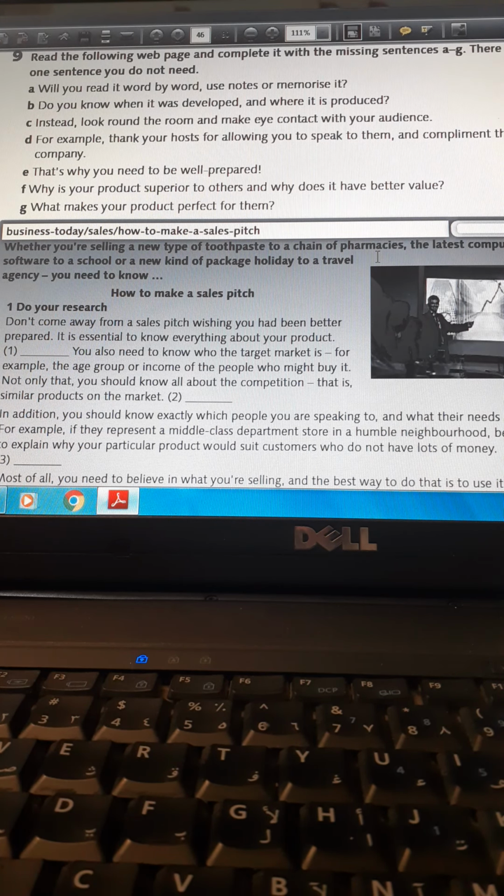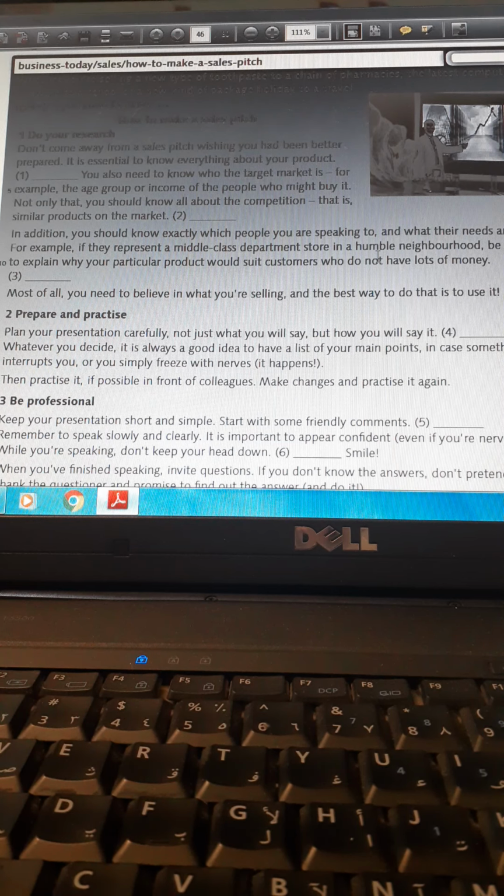Okay, let's read the webpage article and try to fill in the blanks with the correct sentence. Whether you're selling a new type of toothpaste to a chain of pharmacies, the latest computer software to a school, or a new kind of package holiday to a travel agency, you need to know how to make a sales pitch.